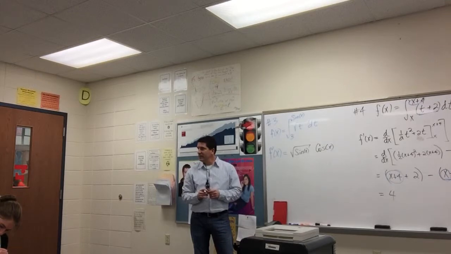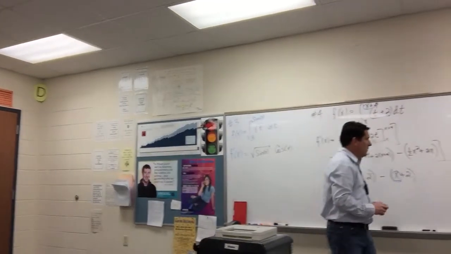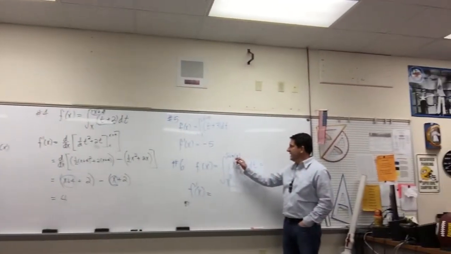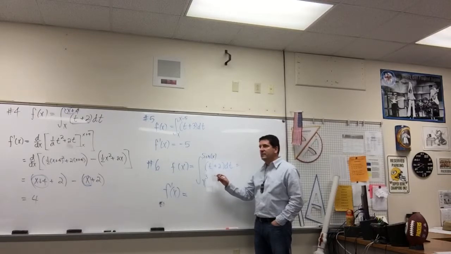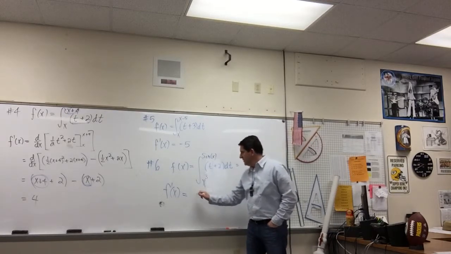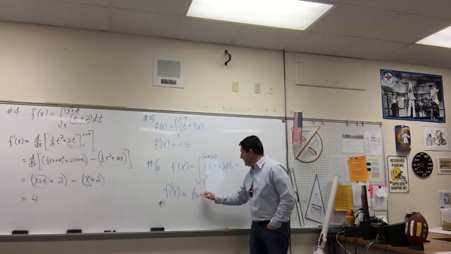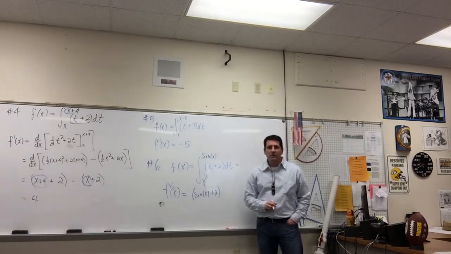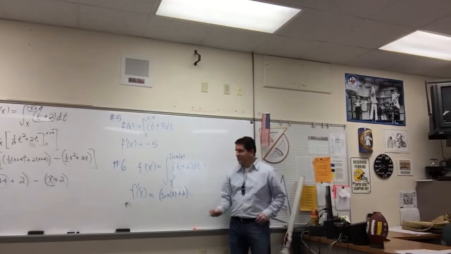Yes? You gonna try it? Okay, so plug in b where? Plug in the sine of x into t? Okay, so the sine of x plus 2 times the cosine.